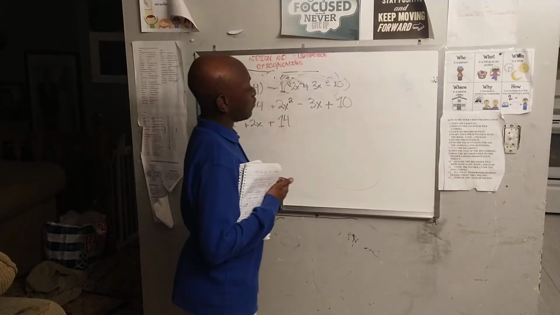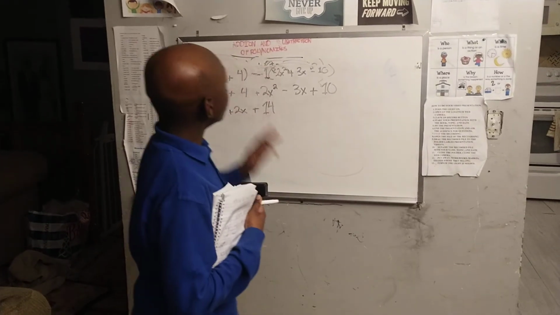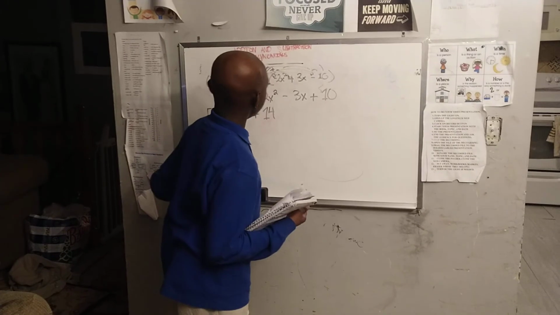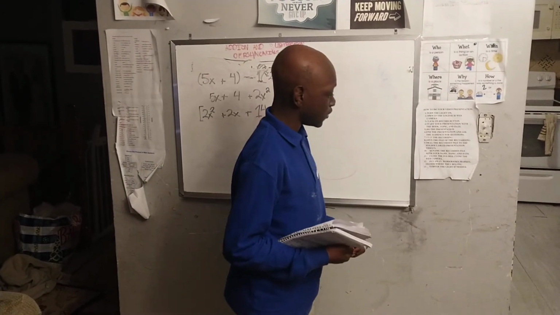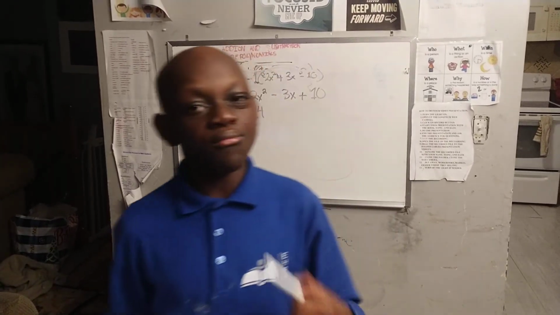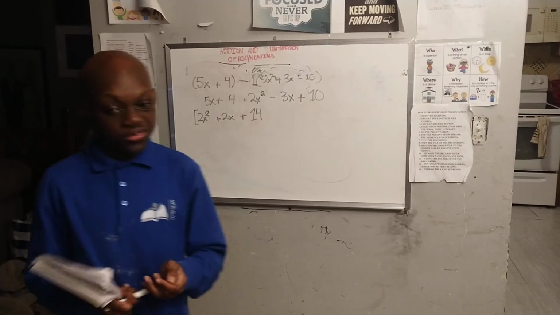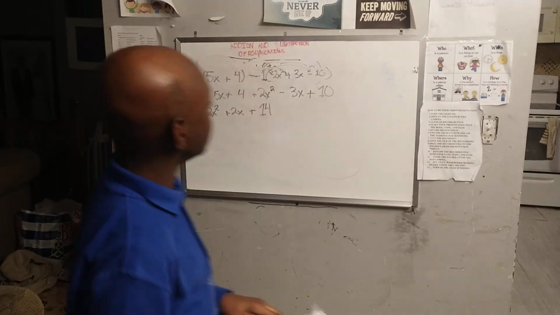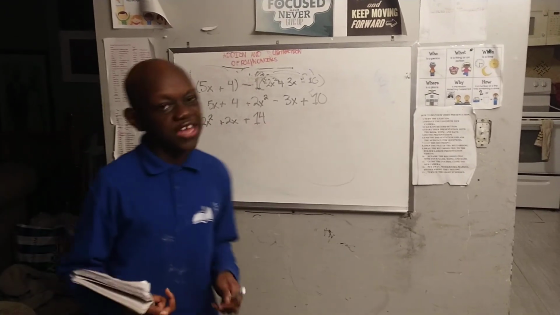The main idea I want you to get out of here is that whenever you add and subtract polynomials, the variable part must match. And in the next lectures we will see how we can multiply and divide polynomials.